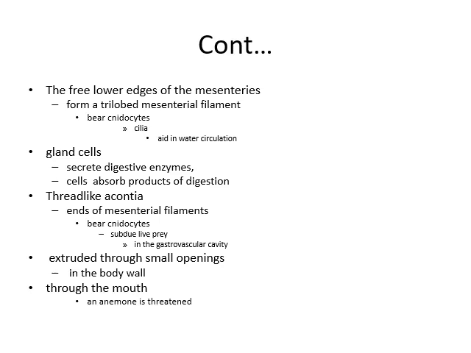Cells absorb the products of digestion, and the thread-like acontia at the end of the mesenterial filaments bear cnidocytes that subdue live prey. So if any prey goes inside the sea anemone, then the acontia bearing cnidocytes will subdue or paralyze it in the gastrovascular cavity. Waste is excreted through small openings in the body wall or through the mouth if the sea anemone is threatened.